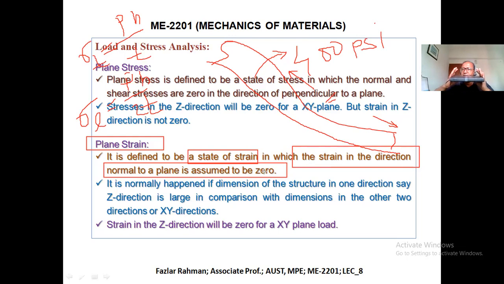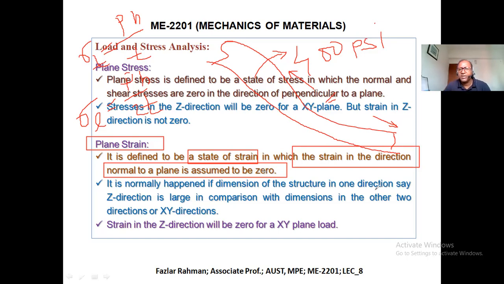If I press, the thickness will increase. But now suppose the thickness of my notebook is 10 inches or 20 inches. When I pull, the thickness might still decrease a little bit, but compared to the other two dimensions, that is negligible. Because what is strain?